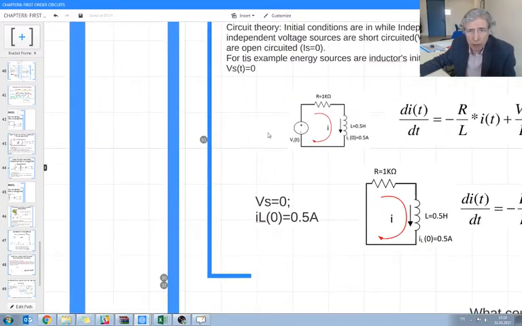One of them comes from the VS(t), the independent voltage source, and the other one comes from the initial condition. The corresponding energy to this initial condition is 1/2 times L times the initial condition squared. We have already done this.